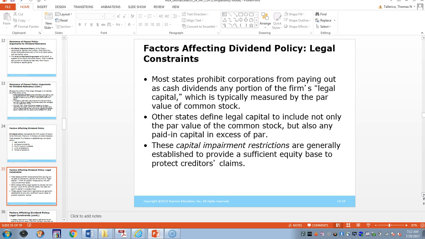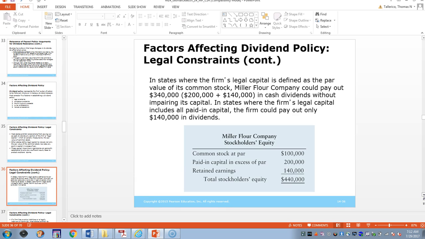So here are the legal constraints, and you can go through this example. This basically determines the legal capital, which includes all paid-in capital. The firm could pay out only $140,000 in dividends here because of legal requirements set up in the state.